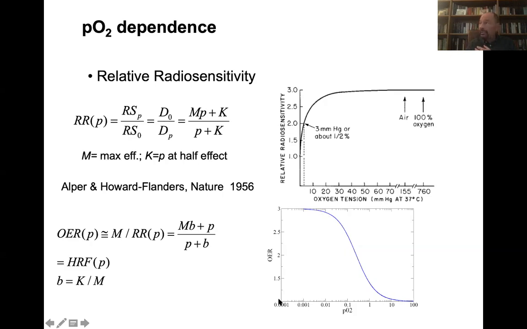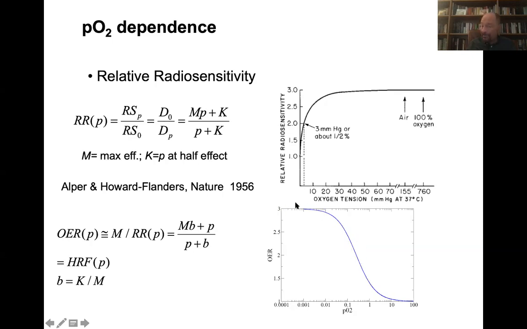This is 1 here when you go to high oxygen concentration. So essentially hypoxic, and you see the region between 1% and 0.1% is a critical region, and that's a region where the OER changes sharply.